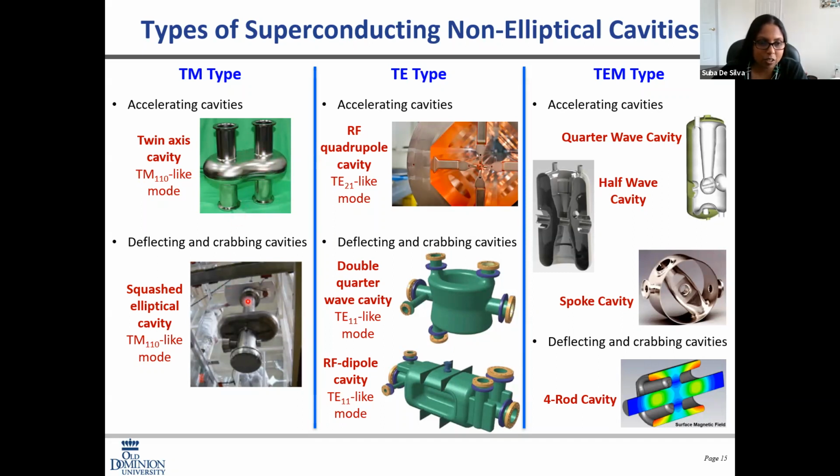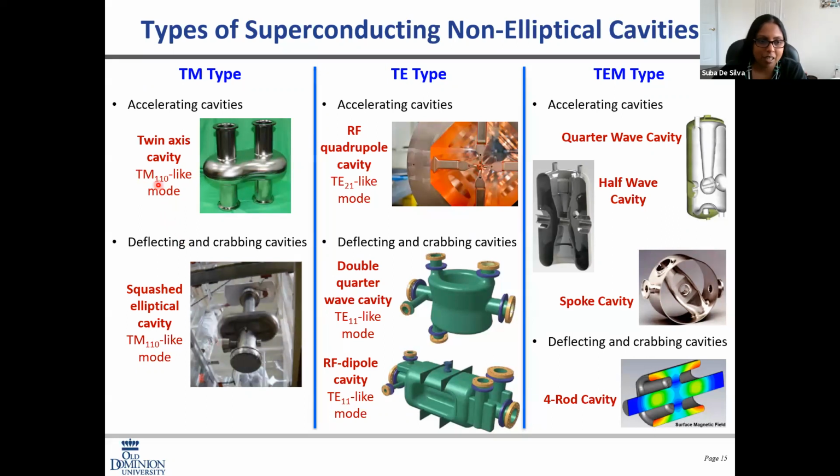And then you have the squashed elliptical, which again operates in a TM110 mode, but here what we are doing is not using the electric field that's at these ends of the cavity, but using the magnetic field to give a kick to the beam.